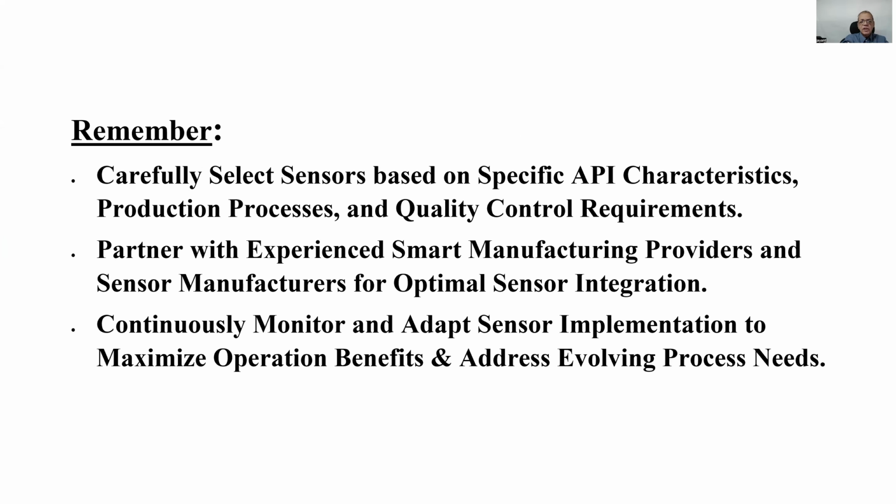Some of those things we have to really operate, use and invest in for better product quality, to achieve smart manufacturing and to achieve Pharma 4.0. So we have to look and select these sensors based on the specific API products which you manufacture, their characteristics, their manufacturing processes, and their quality control requirements.